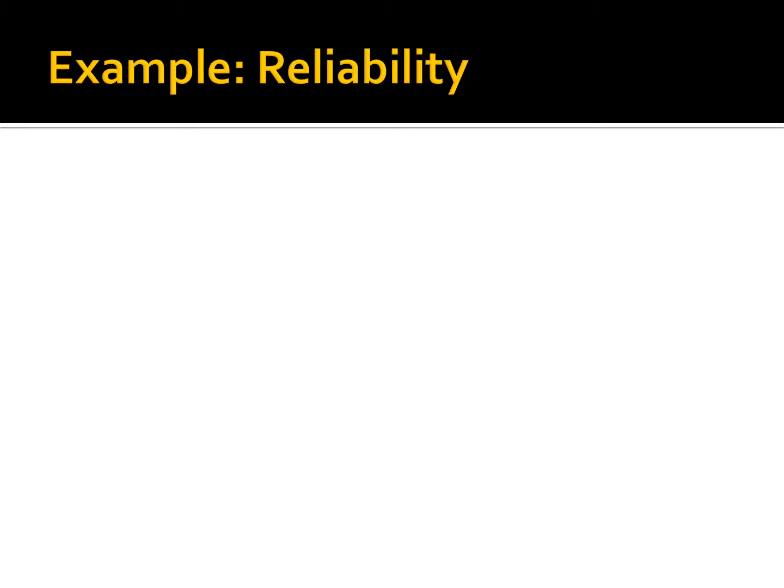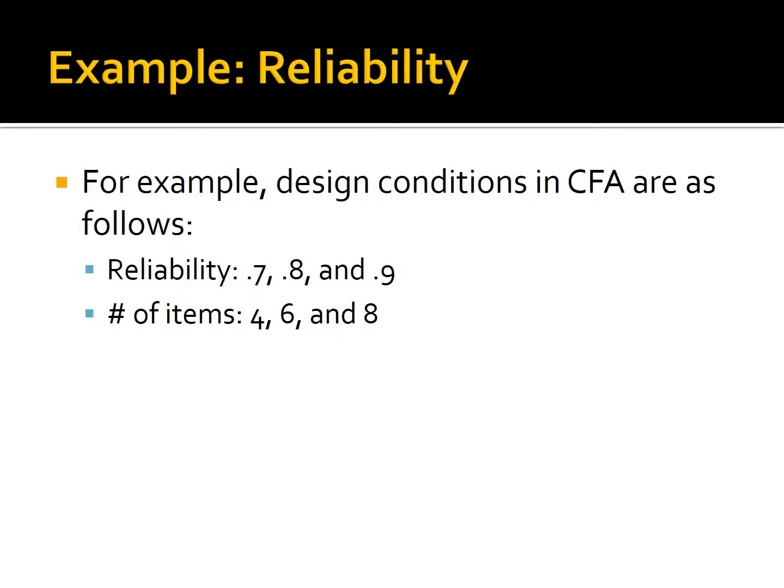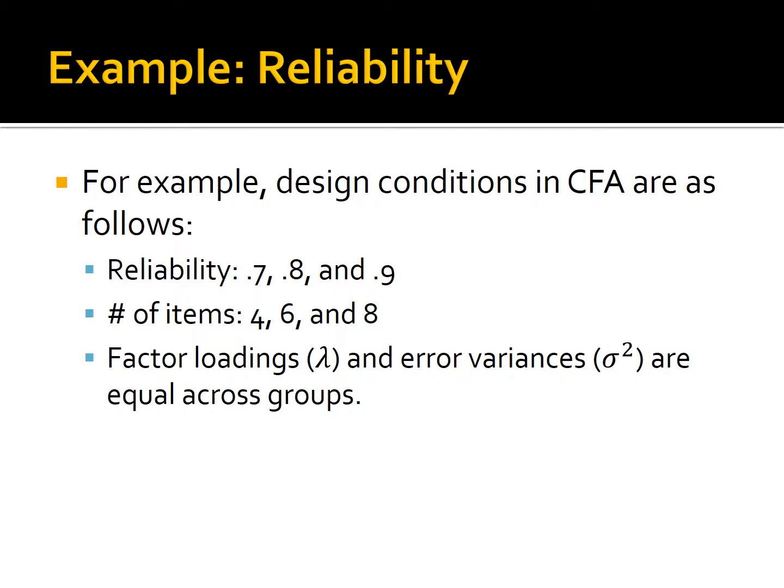So let's talk about our example. I have the simulation, and my design conditions in the CFA are as follows. I would like to have the reliability be 0.7, 0.8 or 0.9, and the number of items be 4, 6 or 8. I would like to have factor loadings and error variance equal across items.